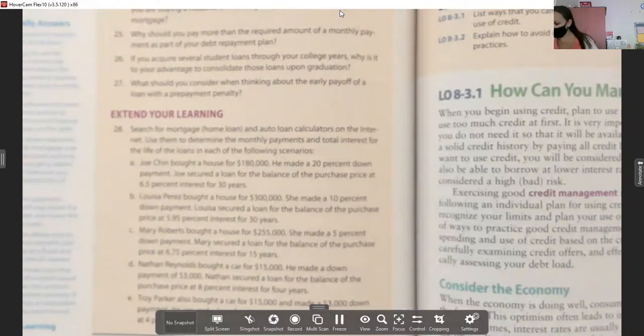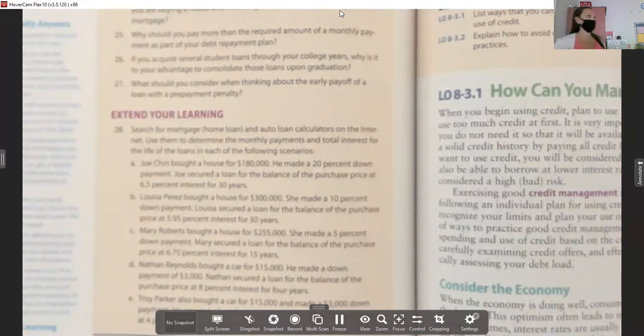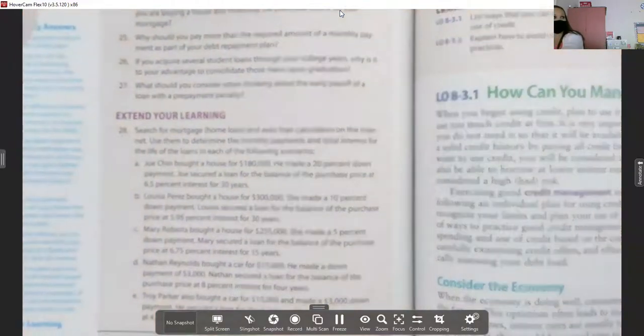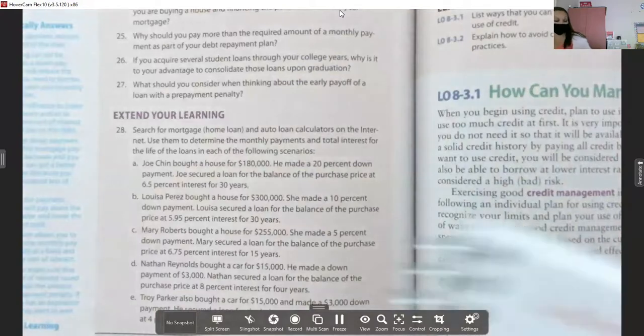Use them to determine the monthly payments and total interest for the life of the loans in each of the following situations. So monthly payment and total interest. That's what we're looking for, A through E.